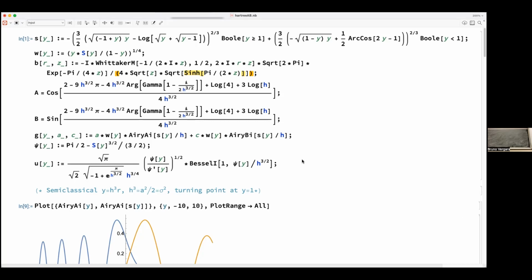What Adam was telling us is that he has an approximation of the true eigenfunction by a function that goes to some range of the parameter h bar in my notation to the left of the turning point. In my notation, that would mean that I can improve bounds on the error between the true eigenfunction and the approximation in this regime between 1 and h to the power 3/2.